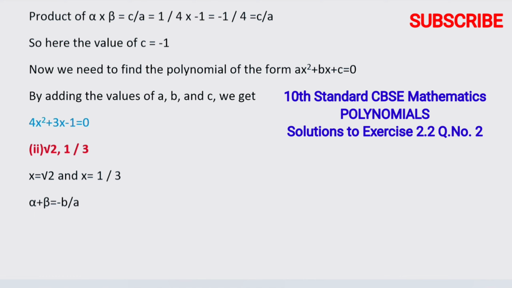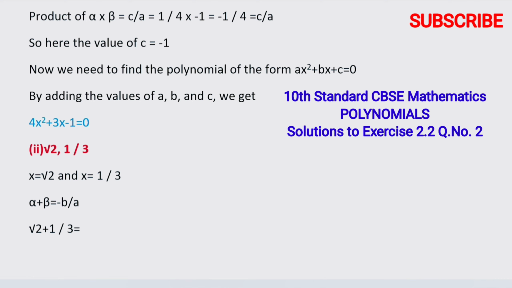Now here, alpha is equal to square root of 2, plus 1 by 3. How much will it be? Square root of 2 plus 1 by 3.